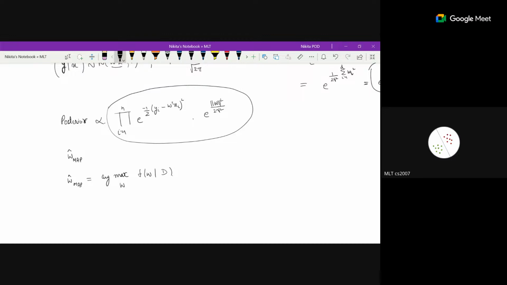One more thing that we can do, to get rid of this exponential term, is add the log over here.